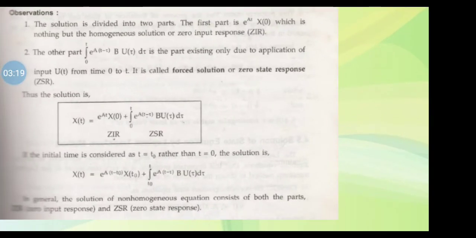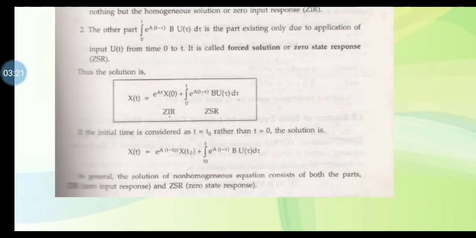Third property is phi of t1 plus t2 is equal to e raised to a into (t1 plus t2), which is equal to e raised to a into t1 into e raised to a t2, which is phi of t1 into phi of t2, which is phi of t2 into phi of t1.